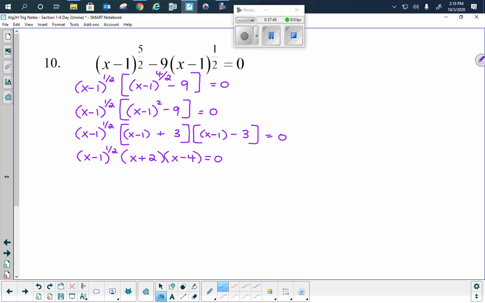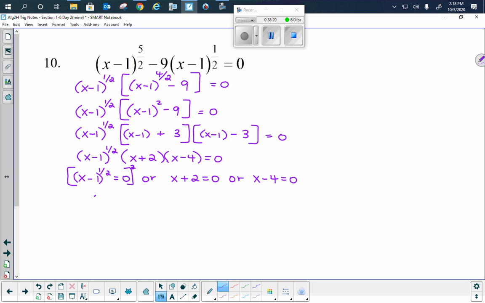So again, we're looking at x minus 1 to the 1/2 equaling 0. Set each factor equal to 0. Or we're looking at x plus 2 equaling 0. Or we're looking at x minus 4 equaling 0. However you're going to do this, I am raising this to the 2nd power.